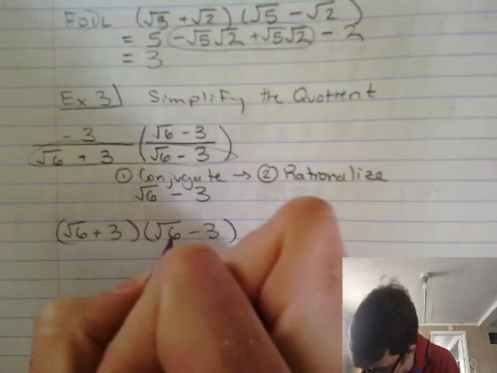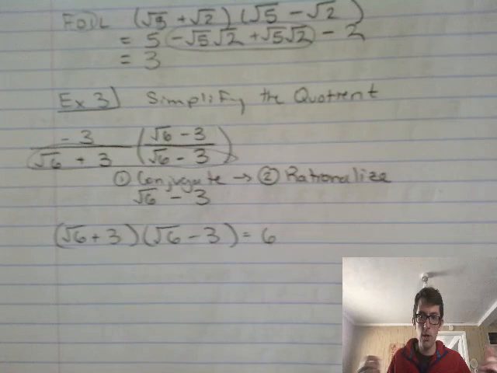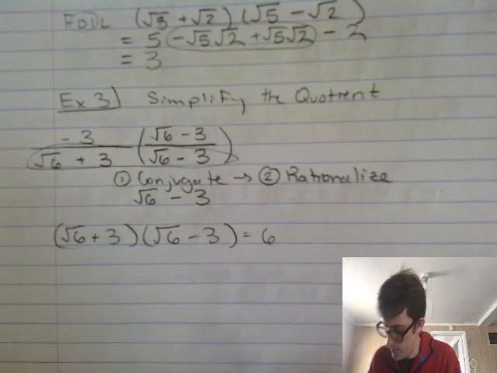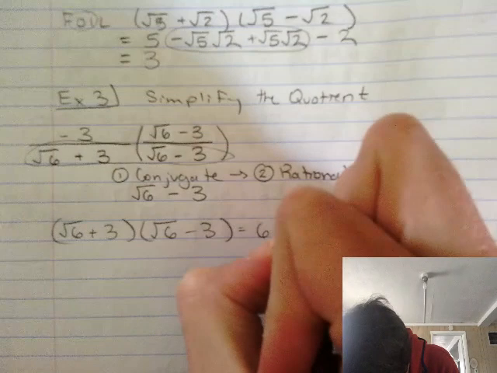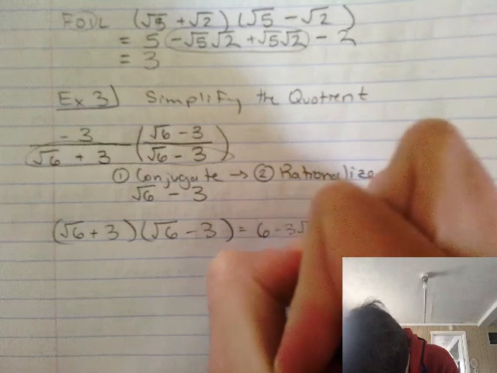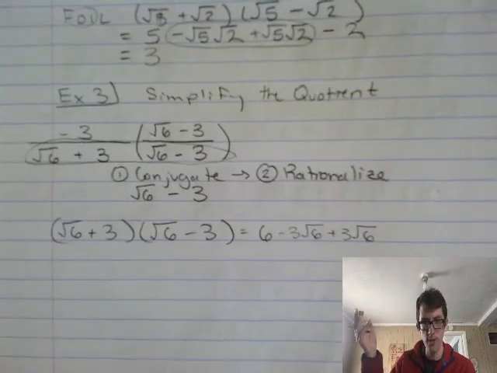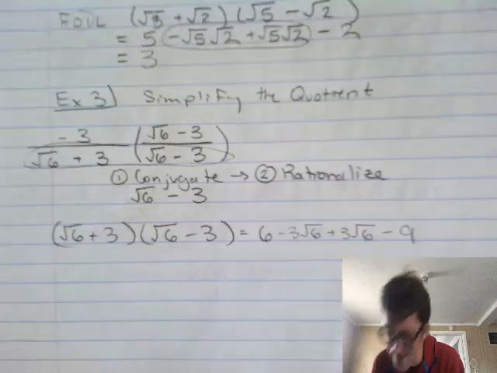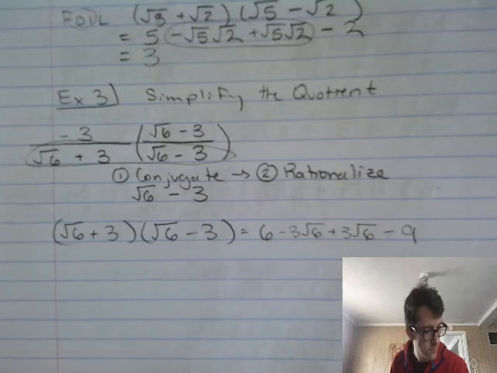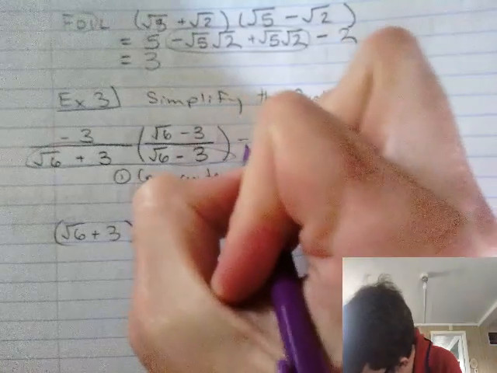Let's go ahead and FOIL. Square root of 6 times the square root of 6 is 6. And I can go ahead and do the outside and inside terms. So minus 3 square root of 6 plus 3 square root of 6. And we should know that those will cancel out. And then 3 times 3 is 9. So we have a minus 9 on the outside.